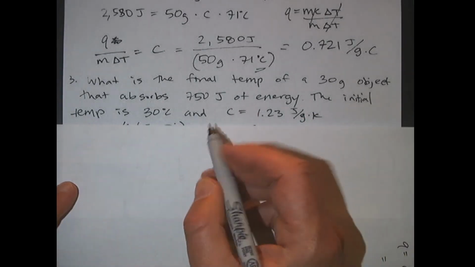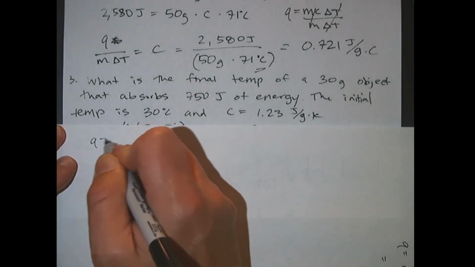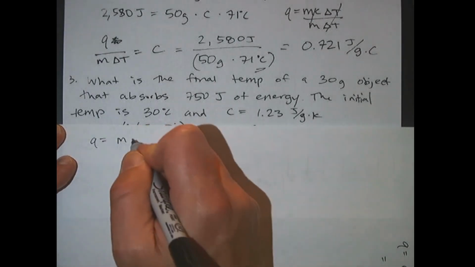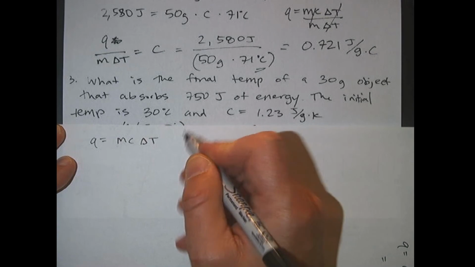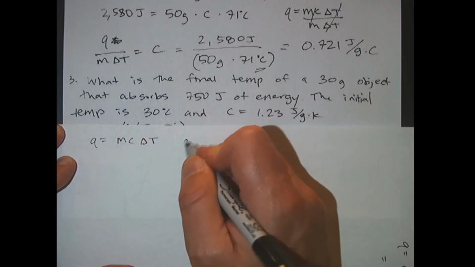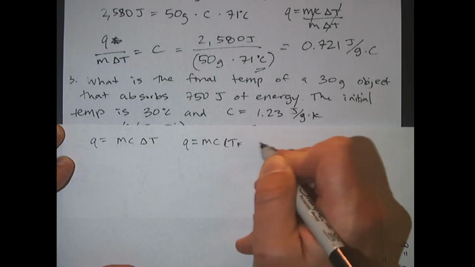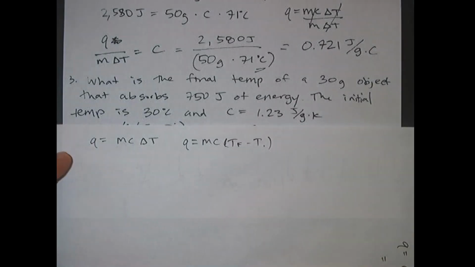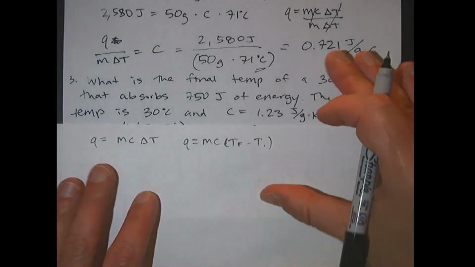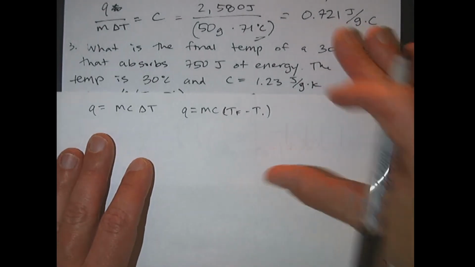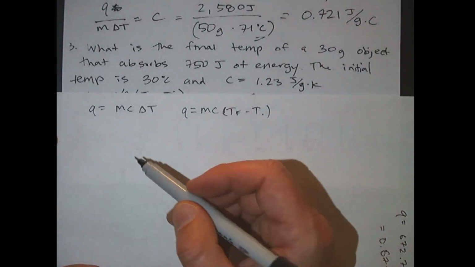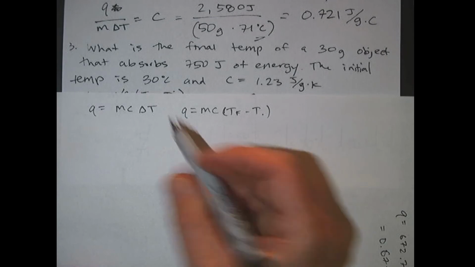So I'm looking for final temp in this equation. Remember, Q equals mc delta T, but delta T really is final minus initial. I'll do it your way, since most students like it this way. I think it's easier to rearrange, but I'll play by your rules.